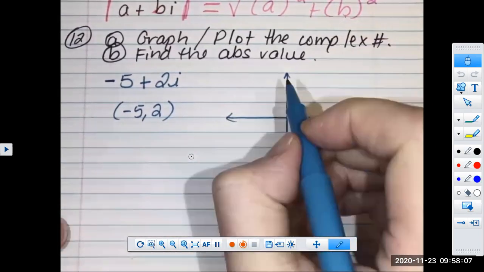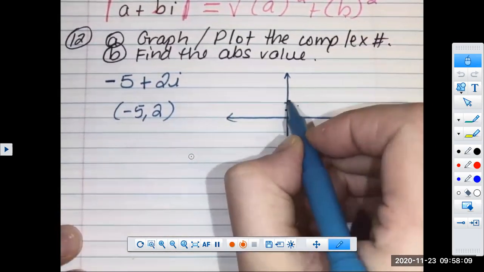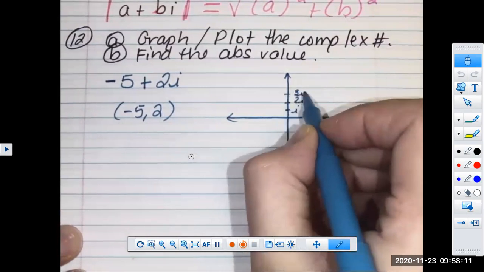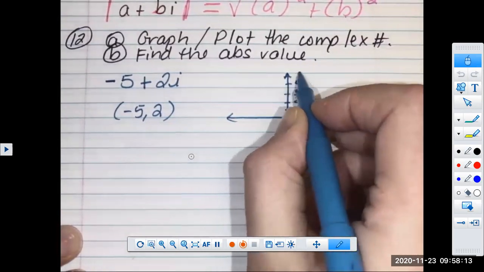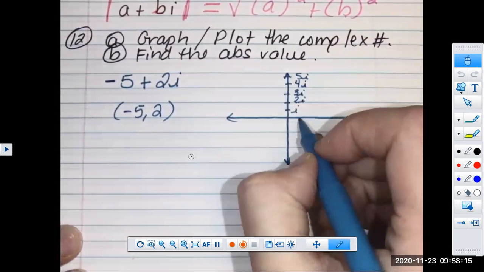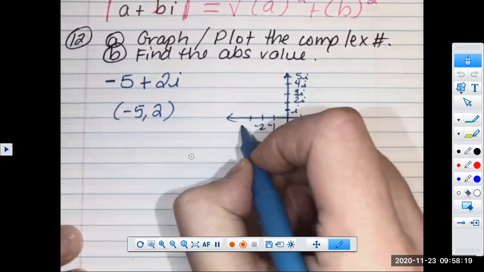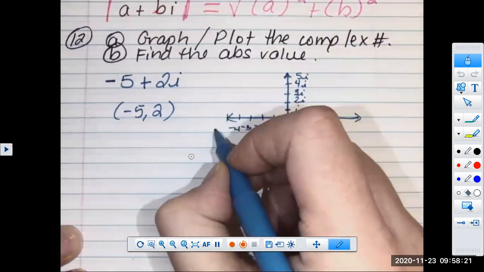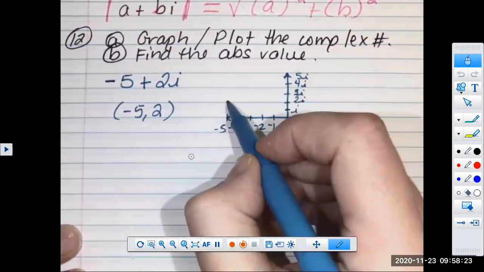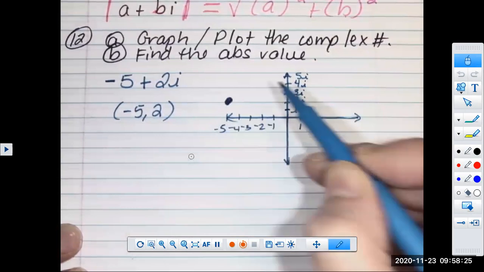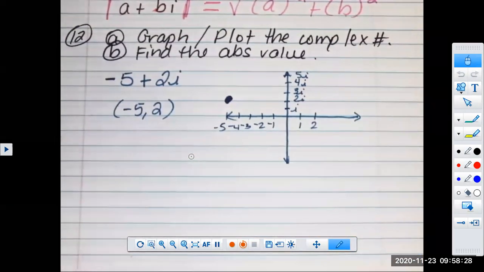So if you go up on the imaginary axis, that's i, 2i, 3i, 4i, 5i, and then we have 1, 2, negative 1, negative 2, negative 3, negative 4, negative 5. So negative 5, 2i is there, or negative 5, 2. So notice that we graphed it just like we would the point negative 5, 2: you go left 5, up 2. Done.